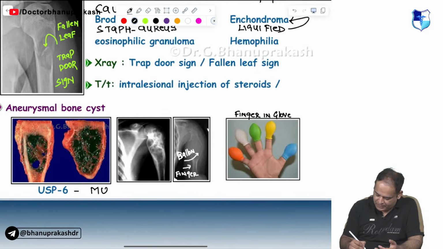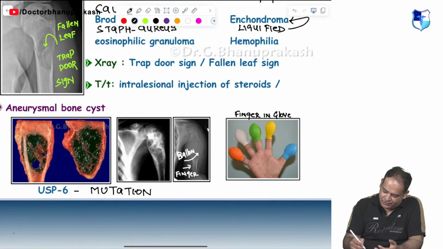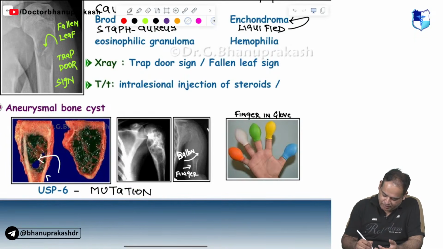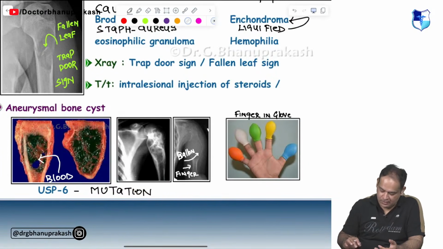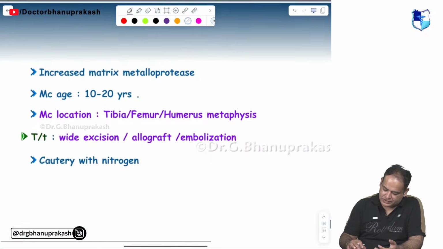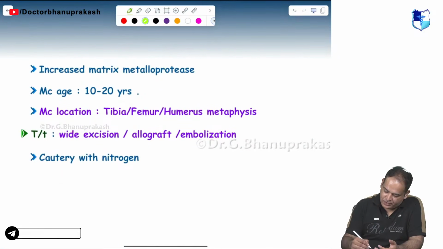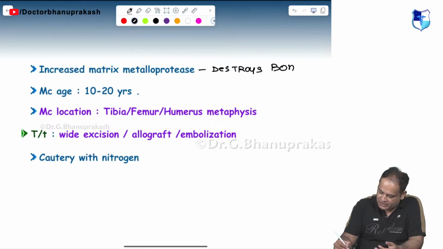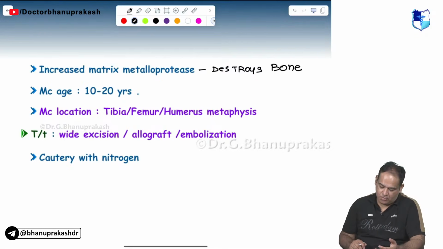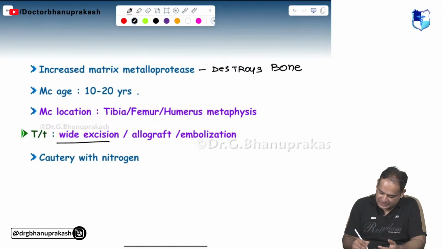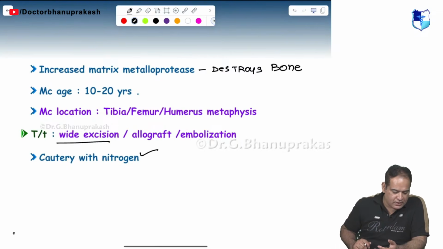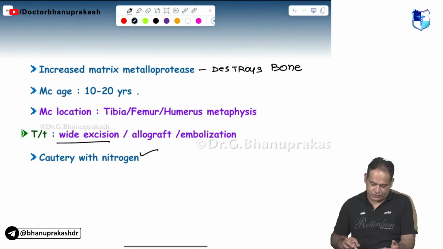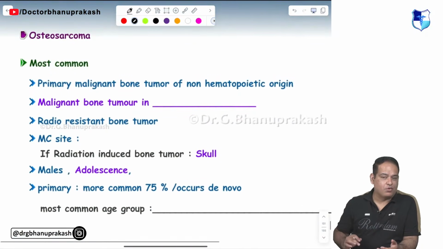What is the problem? USP6 mutation. So instead of bone, what is present? Blood. Why? Because if this mutation occurs, there is increased production of matrix metalloprotease, and this enzyme destroys the bone. Treatment is excision or cautery with nitrogen, right?